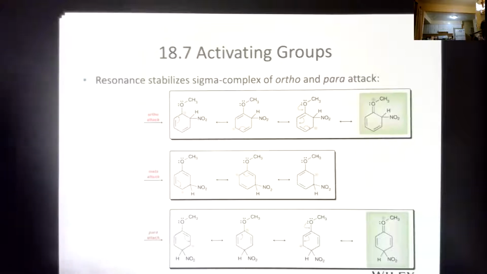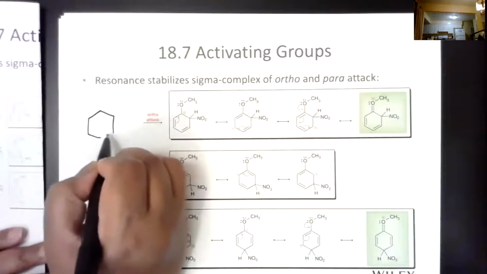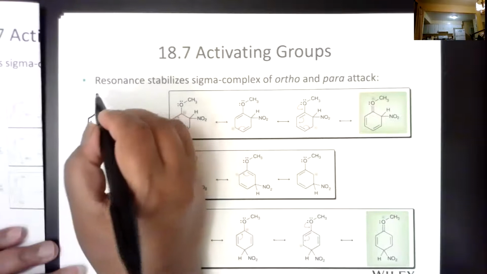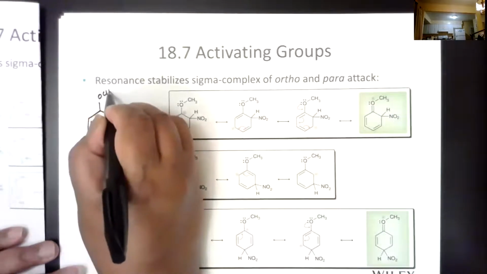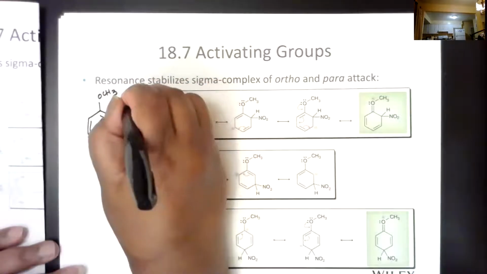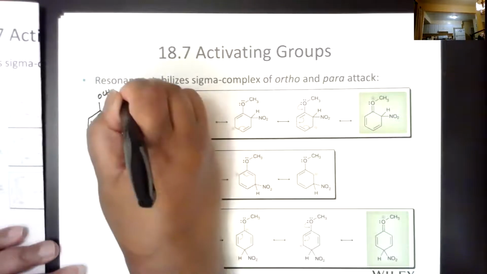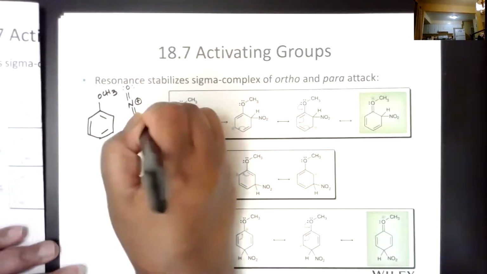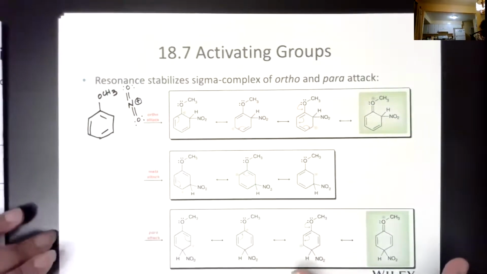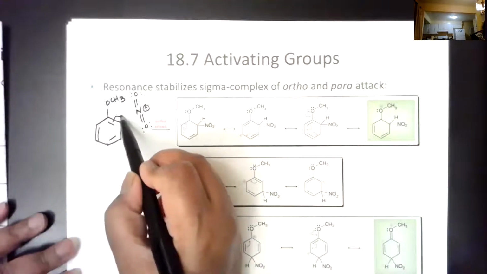So I'm going to show you OCH3, and you have the nitro group coming in. Okay, this is the nitro group that's coming in. It's not attached to the ring yet. So now open this up.